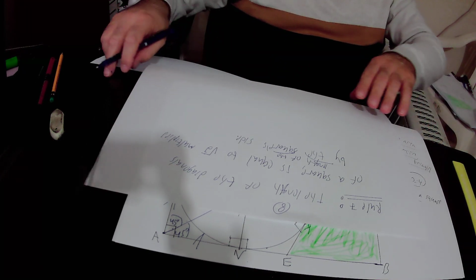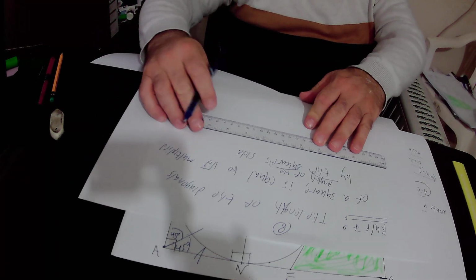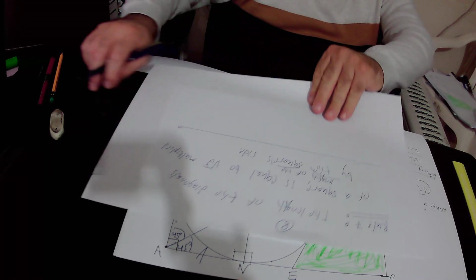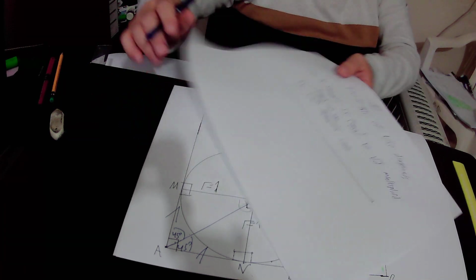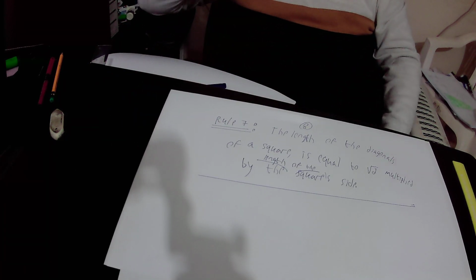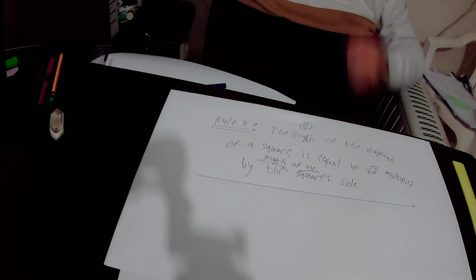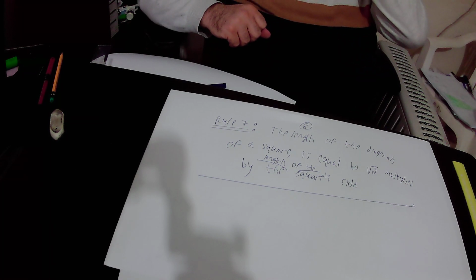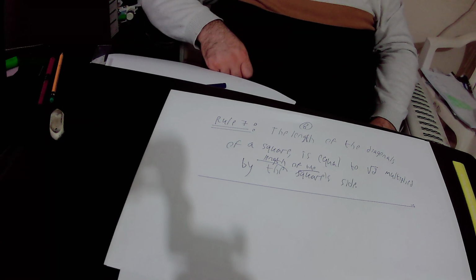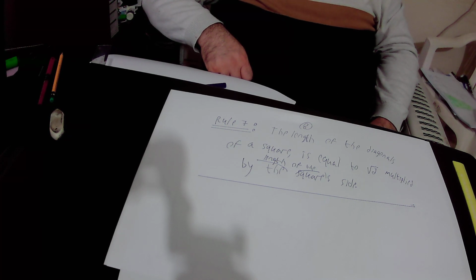I will repeat rule number 7 again. According to rule number 7, the length of the diagonal of a square is equal to square root of 2 multiplied by the length of the square's sides.